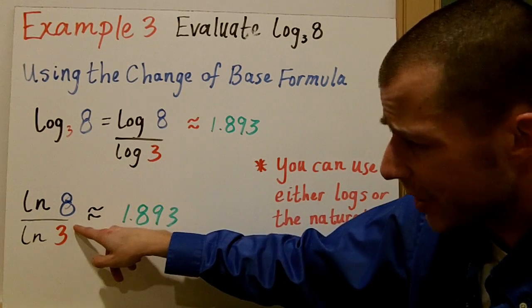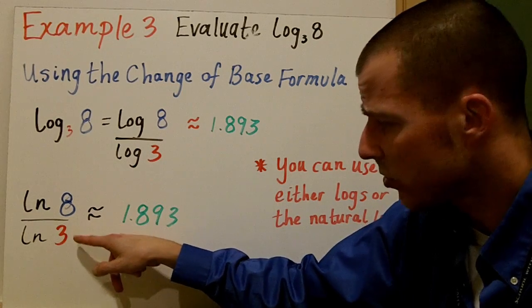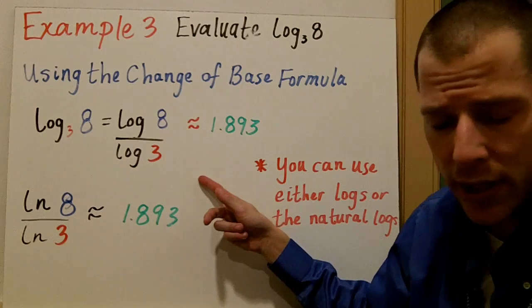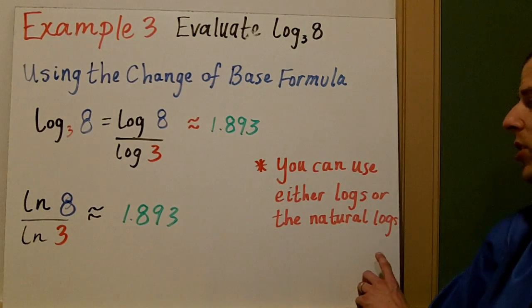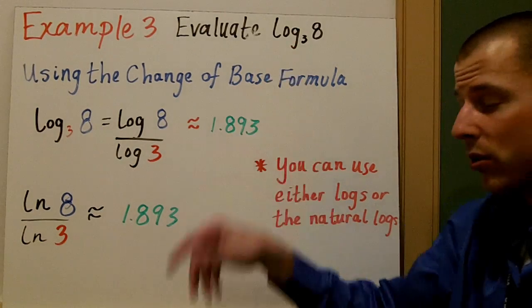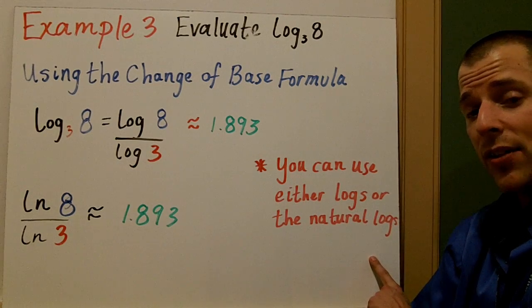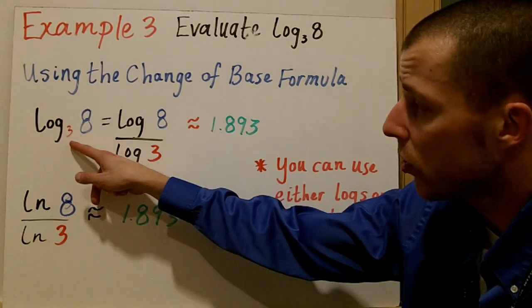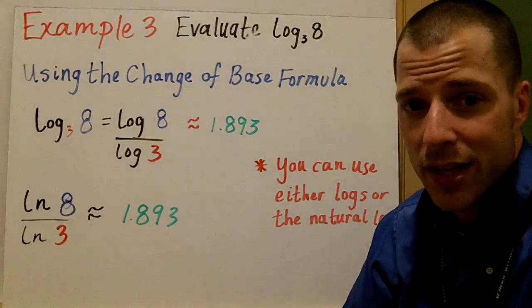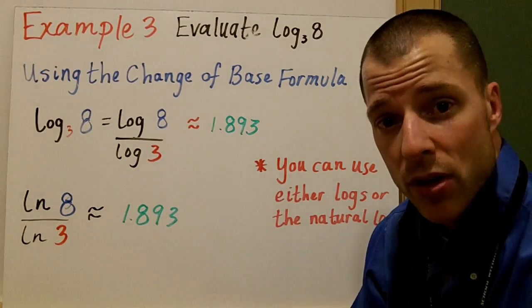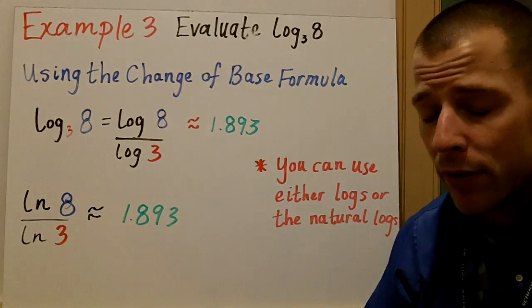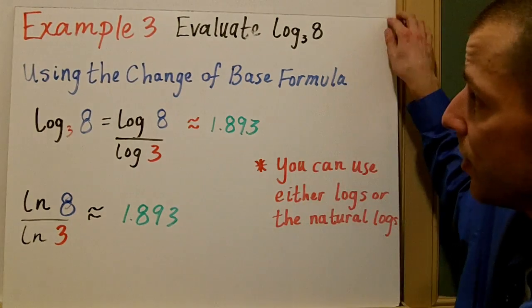Now, as a second part, I just showed you that it actually works for the natural logarithm too, and you get really the same expression. When evaluating this logarithm, you can use either form, natural log or common logarithm. It doesn't matter, you're going to get the same result. Most people prefer to use the natural log, but it's up to you.